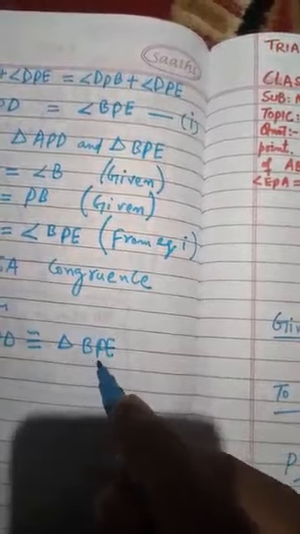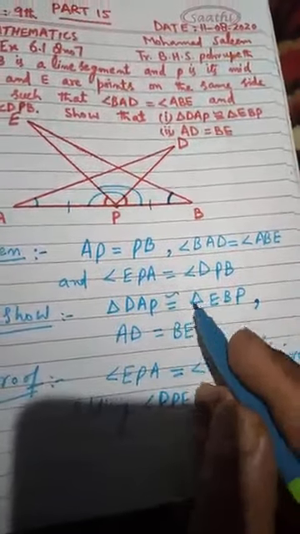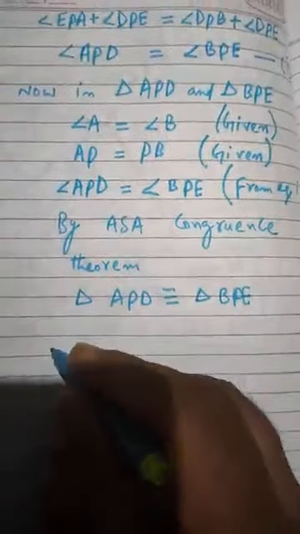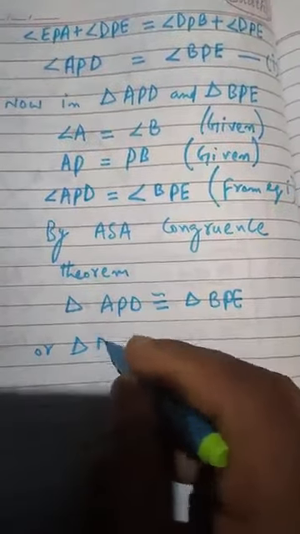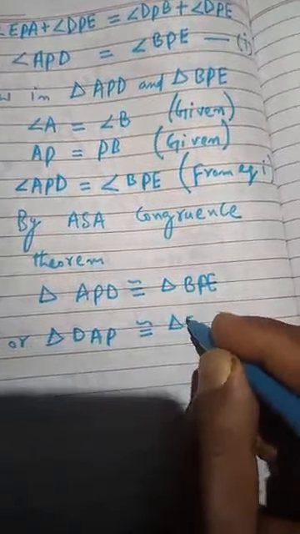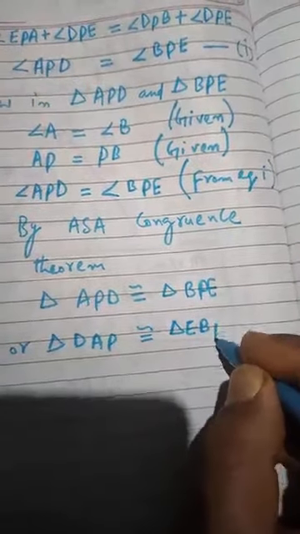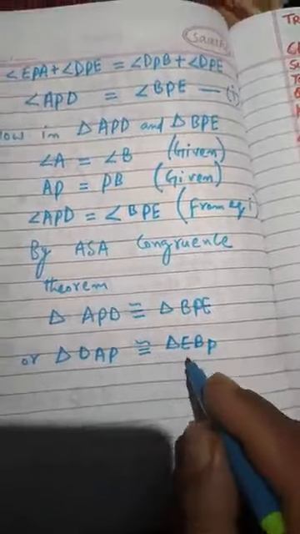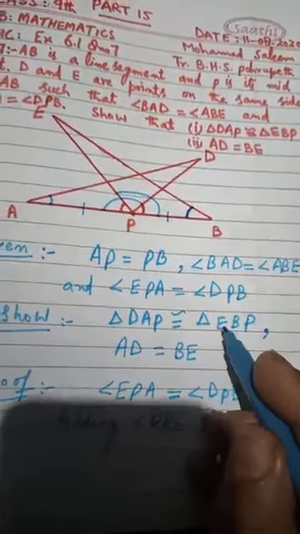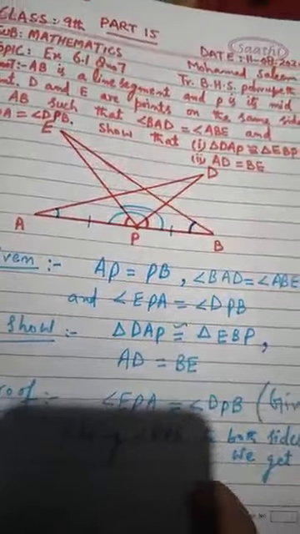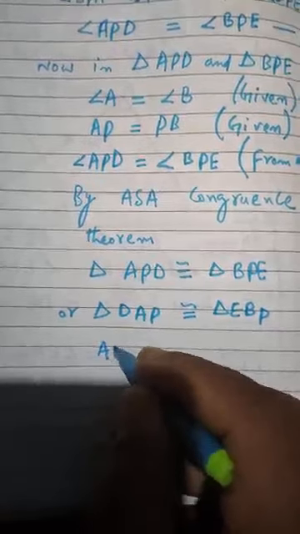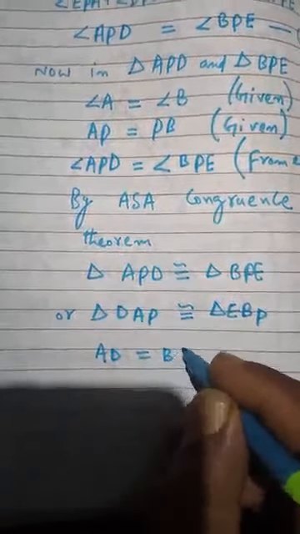The alphabets are the same, so it's the same triangle. So we can write that triangle DAP is congruent to triangle EBP. I have already told you that if these two triangles are congruent, then AD is equal to BE because of CPCT.